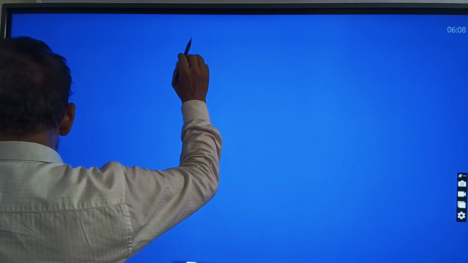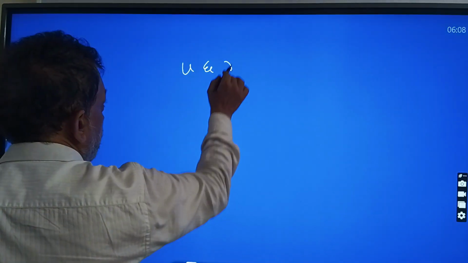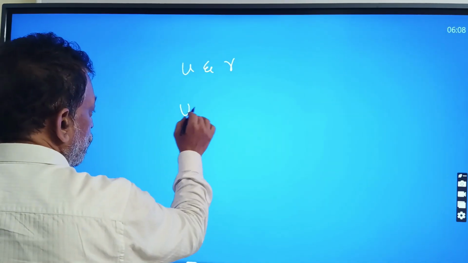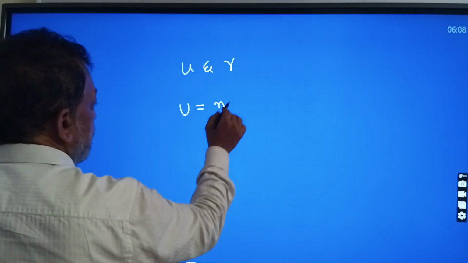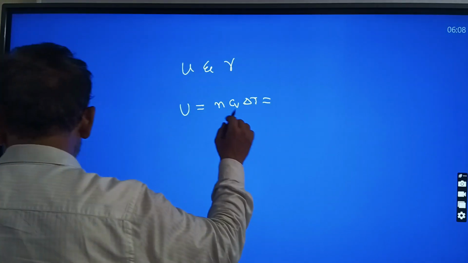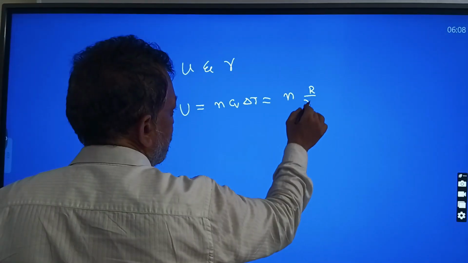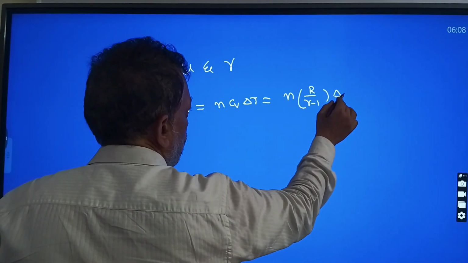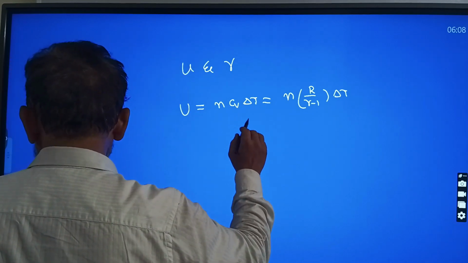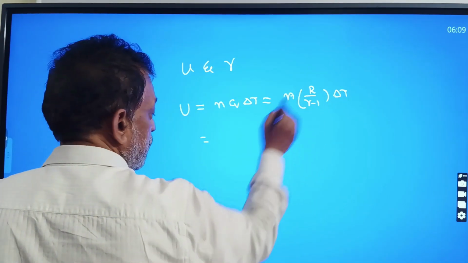U is equal to n Cv delta T, that is n into R by gamma minus 1 into delta T, with absolute temperature. Now this can be written as what?